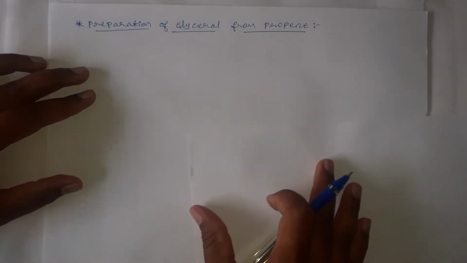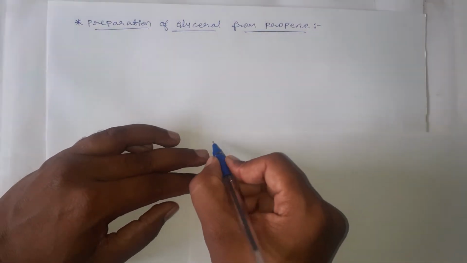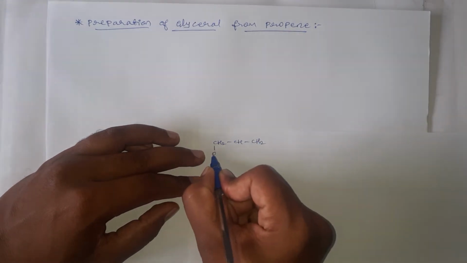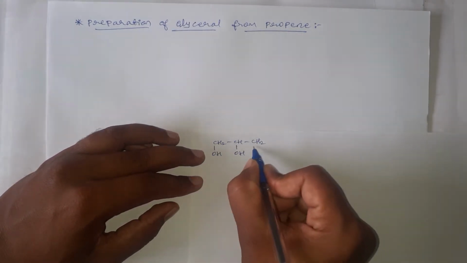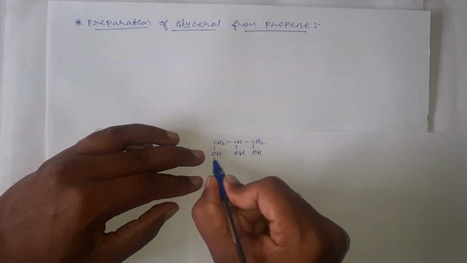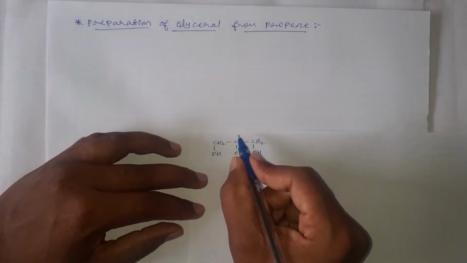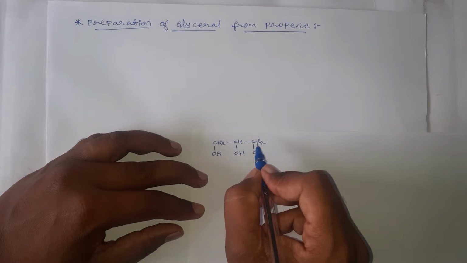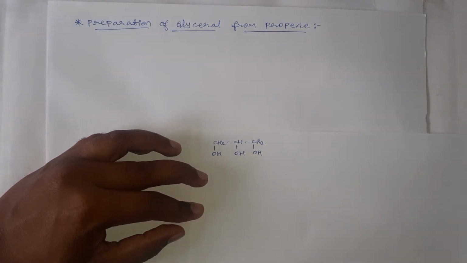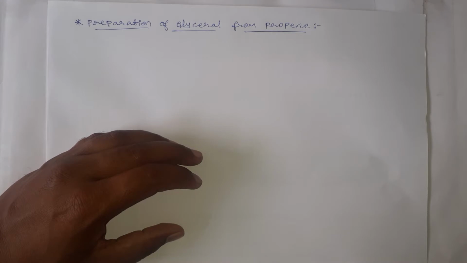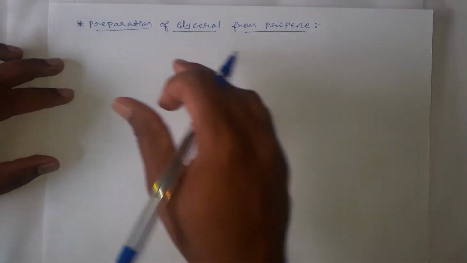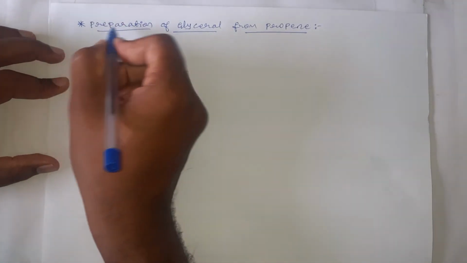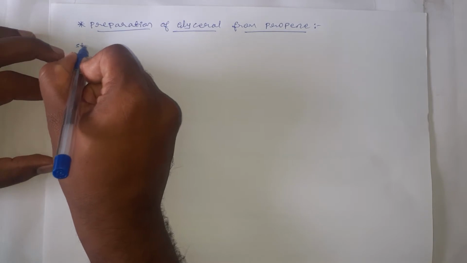We know that glycerol is a trihydric alcohol with the formula CH2OH-CHOH-CH2OH, and its IUPAC name is propane-1,2,3-triol. This glycerol can be prepared from propene, and this preparation method involves 3 steps.